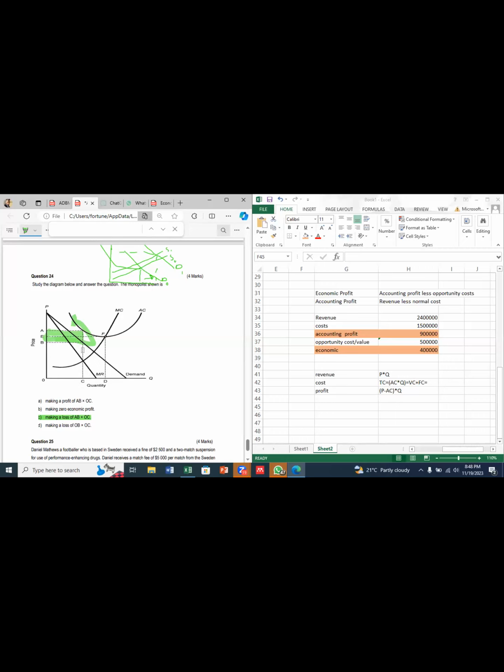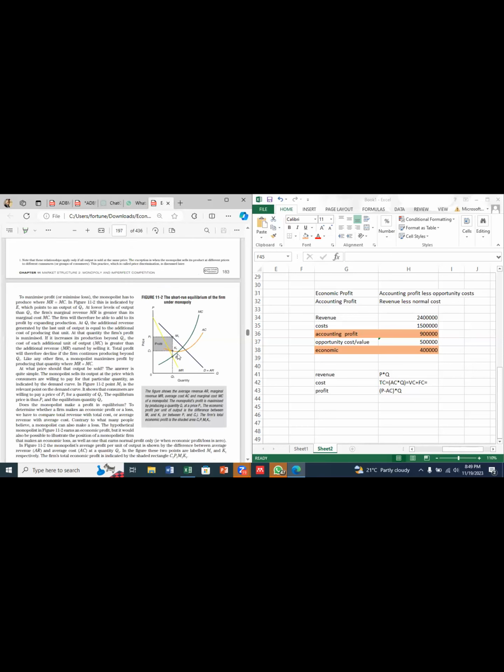The price is where you touch the demand curve, or the average revenue curve. You go straight to the price axis and see where the price is. Now, if that AC was under the demand, then I would be making a profit. Yes, as in the scenario here. Okay.